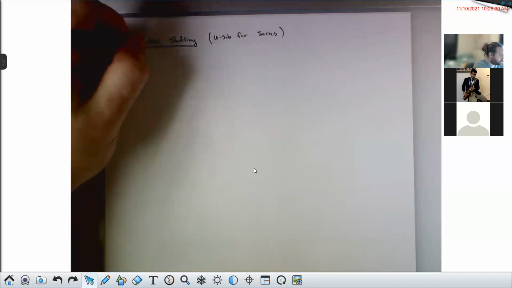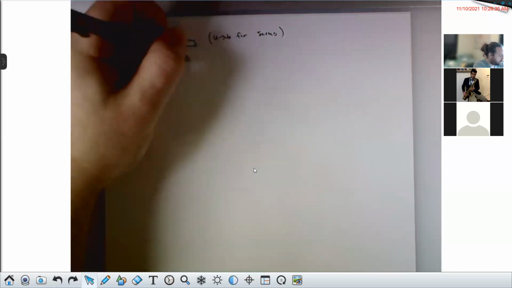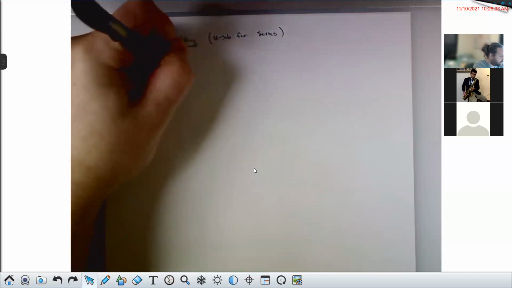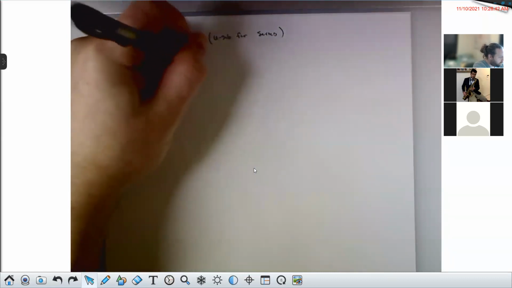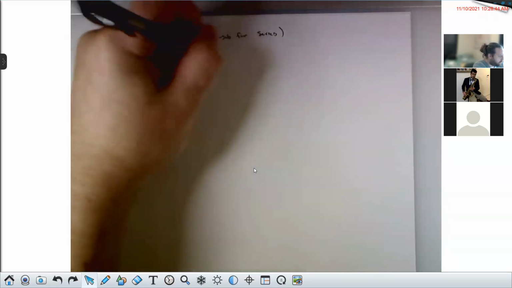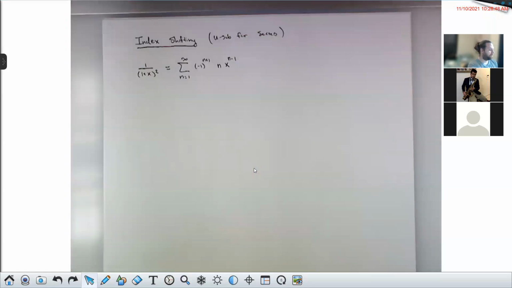So let me take the example we had from part A. This was sigma n from 1 to infinity, -1 to the n plus 1 times n x to the n minus 1.